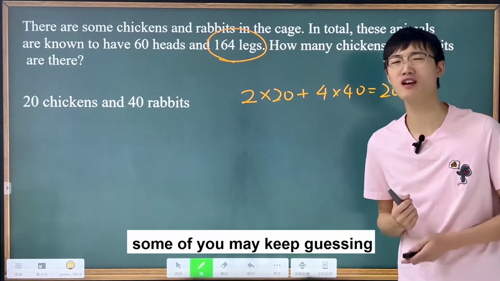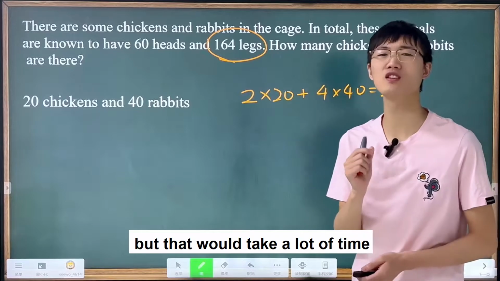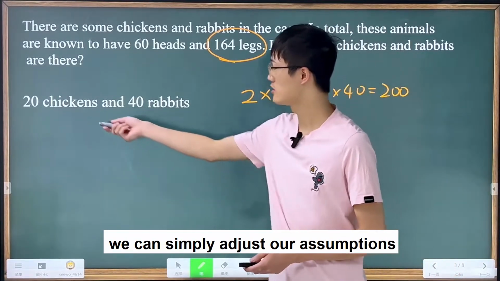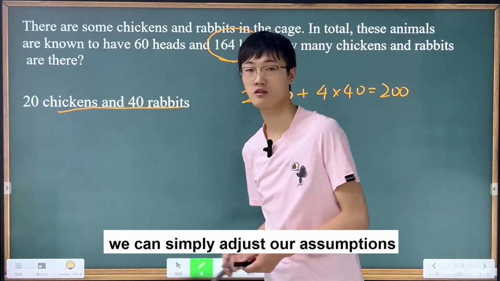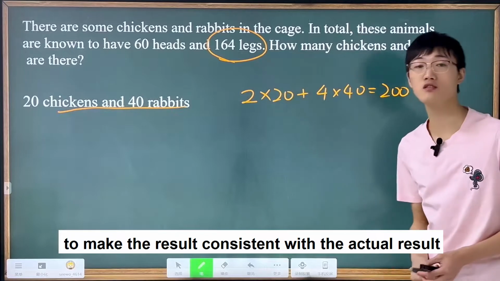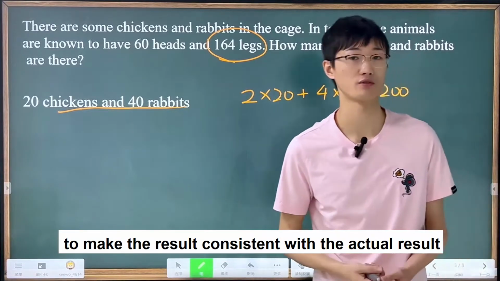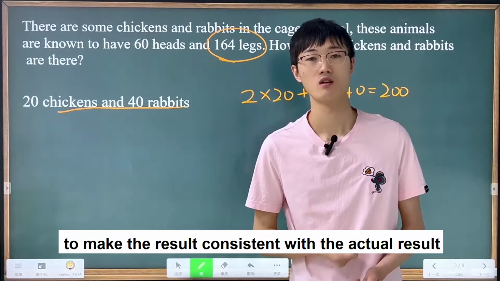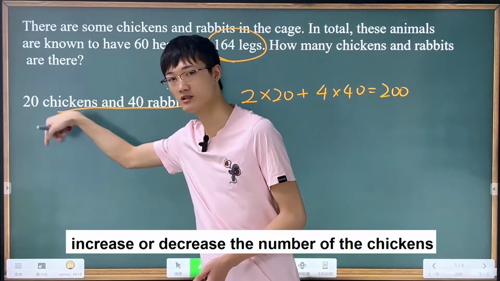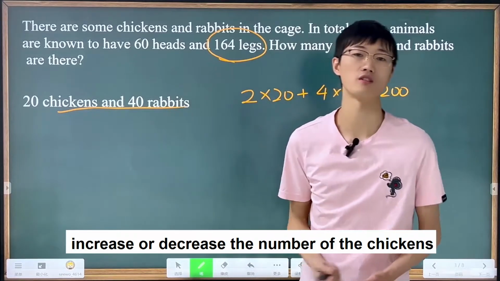Some of you may keep guessing, but that would take a lot of time. We can simply adjust our assumptions to make the result consistent with the actual result. But we don't know if we should increase or decrease the number of the chickens.